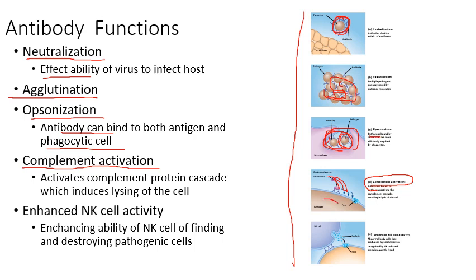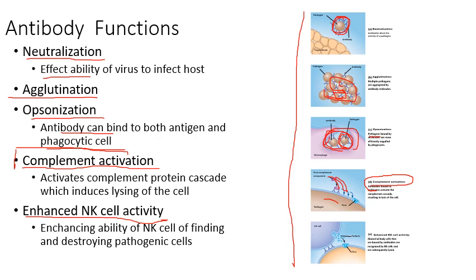So antibodies can activate the complement system. It can also enhance natural killer cell activity. They mark the cells to induce the natural killers to come in, get those perforins, and lyse the cells.